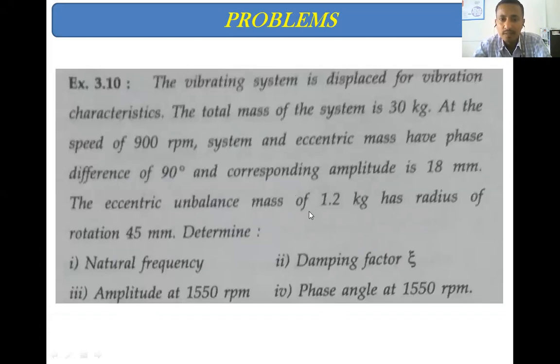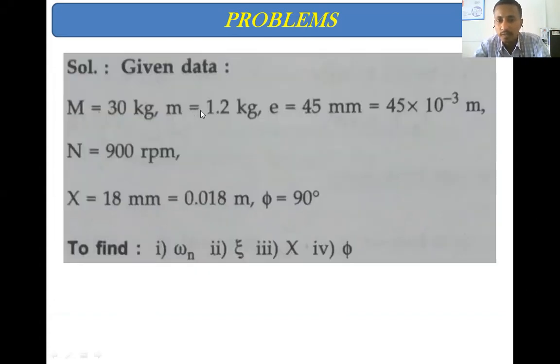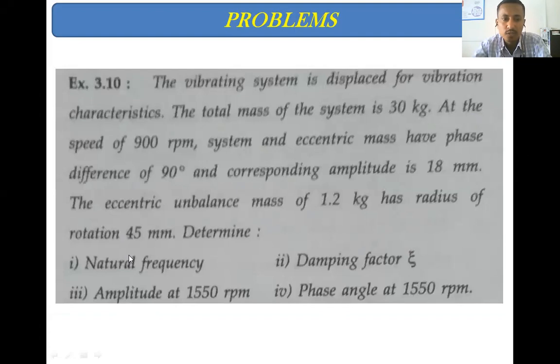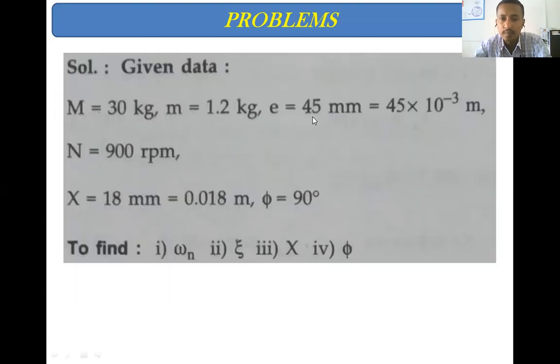Afterwards, eccentric unbalanced mass is small m equal to 1.2 kg, and the radius of rotation, that is the eccentricity, is equal to 45 mm. We can convert this into meter by multiplying by 10 raised to -3.